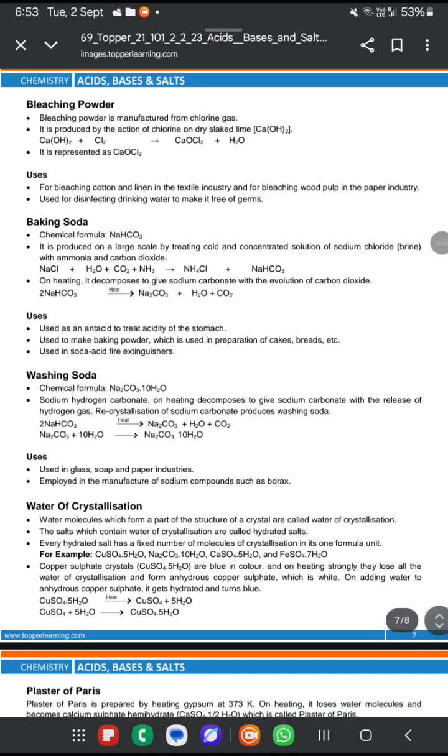Bleaching powder. Bleaching powder is manufactured from chlorine gas. It is produced by the action of chlorine on dry slaked lime, calcium hydroxide.